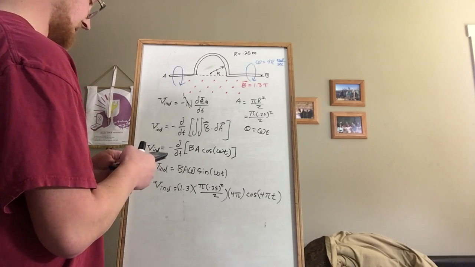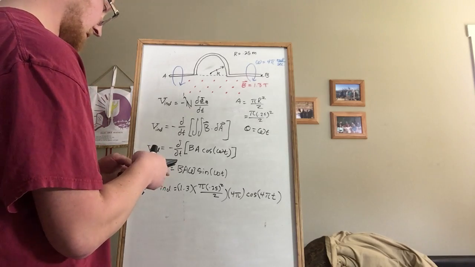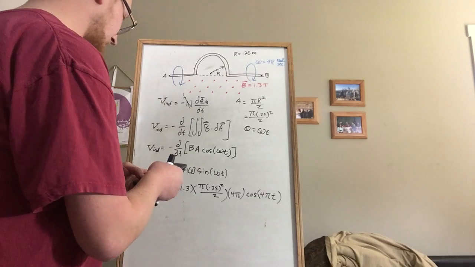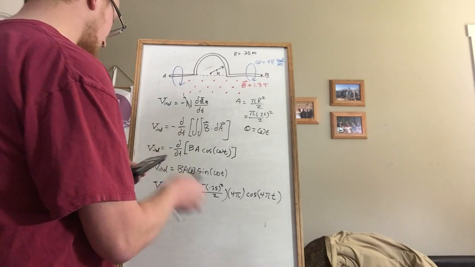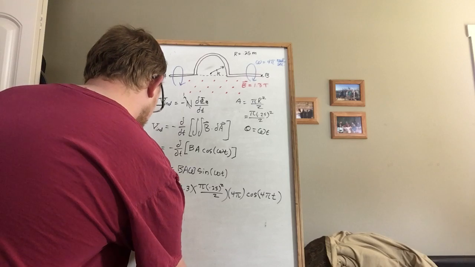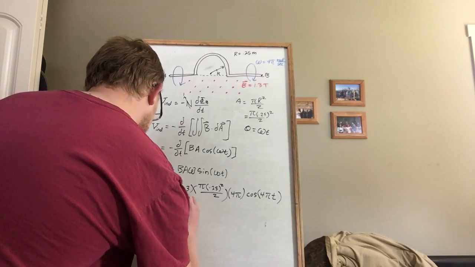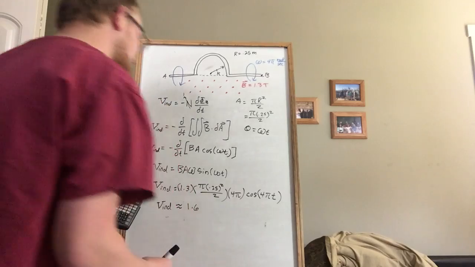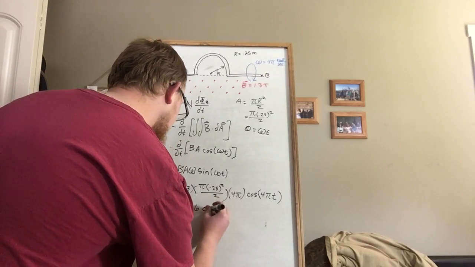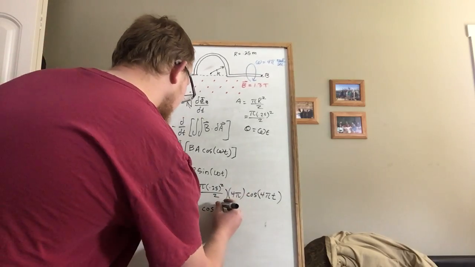And what I'm going to do is write down a plain old rounded number. What I get is for V induced, my amplitude is roughly equal to 1.6 times cosine of 4 pi t.